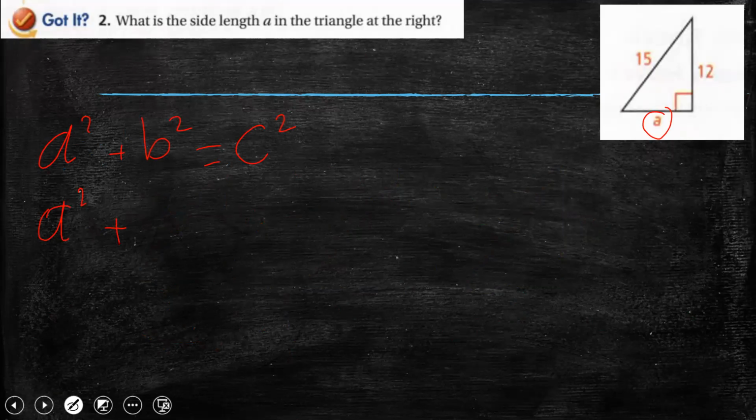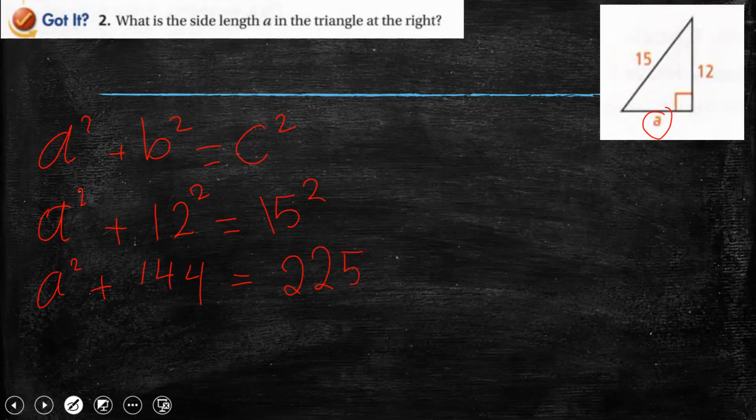It is 12. Where is C? The one opposite to the right angle is 15. Exactly. Now, A squared plus 144 equals 225.